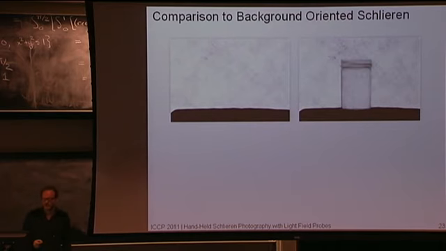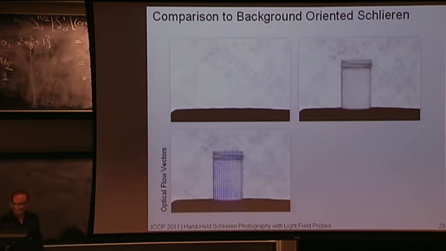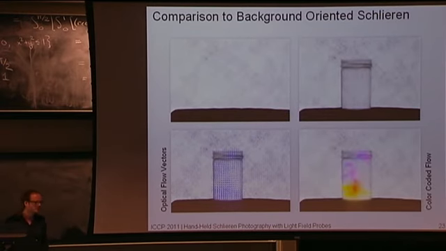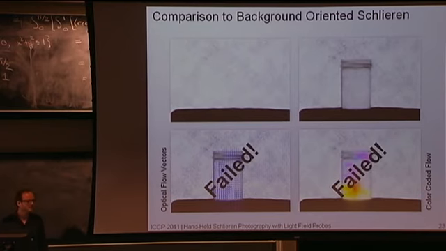Coming back to background-oriented Schlieren, I mentioned before that these compare two different images, one without refraction and one with refraction, and then compute the optical flow. In this case, the refraction caused by the glass jar is so strong that the background is actually blurred out. So a reliable optical flow computation is impossible in this case, and color coding of these vectors fails. So this doesn't work.